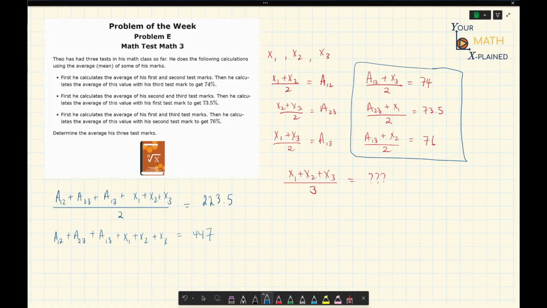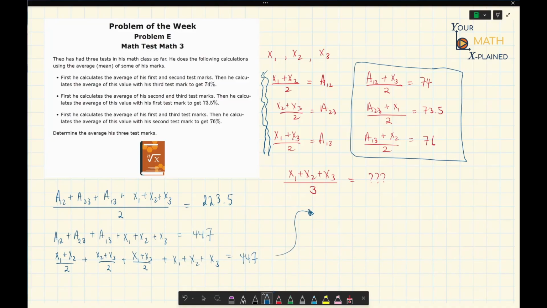So from the first set of equations that we created, it's a relationship between the x's and the A's. So I'm going to fill those in and we'll get x1 plus x2 over 2, and then x2 plus x3 over 2, and then x1 plus x3 over 2, and then of course the other 3 x's that were already there.